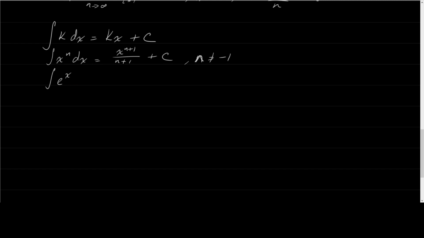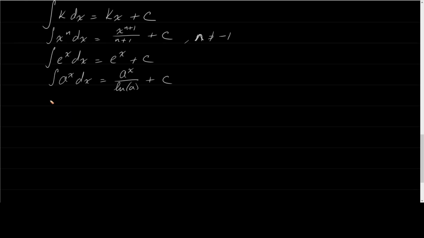But the integral of e to the x is e to the x plus c. The integral of a to the x dx, that's going to be a to the x over ln of a plus c.